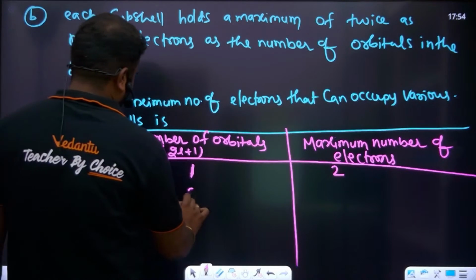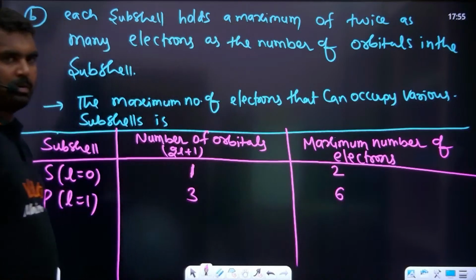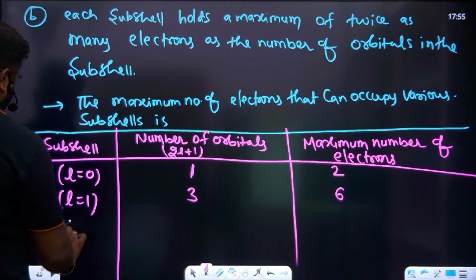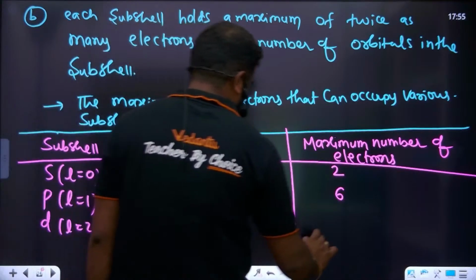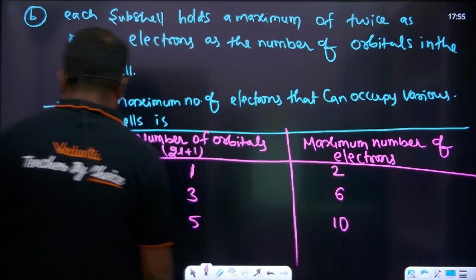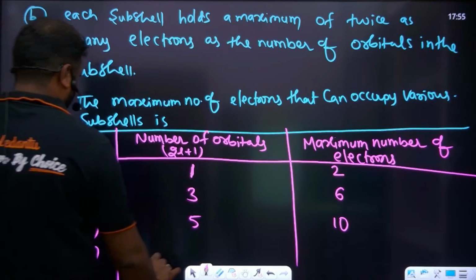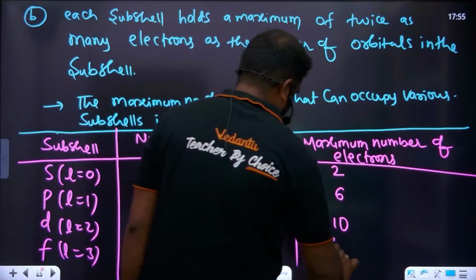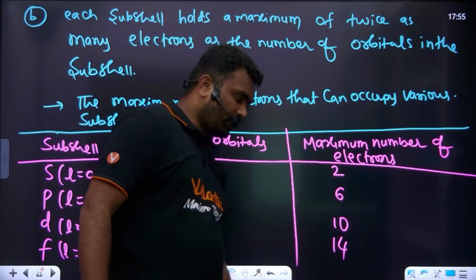So 2 into 1 plus 1 is 3, and 3 orbitals means 6 electrons are possible. Next, d subshell, l is equal to 2. So this is 5 orbitals and here it can hold 10 electrons. Okay now. F, l is equal to 3. Here we can say 7 orbitals are possible. So here 14 electrons are possible for this subshell.